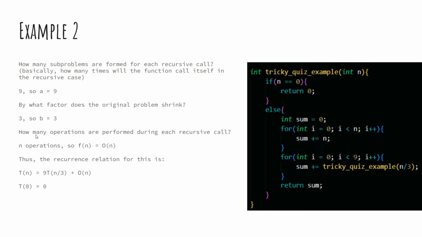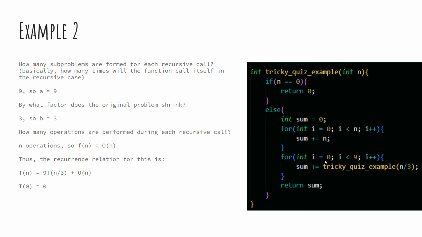And then how many operations are performed during each recursive call? For every recursive call, we are using this for loop, which results in big O of n operations, because it's looped over n times. The 9 is just constant.